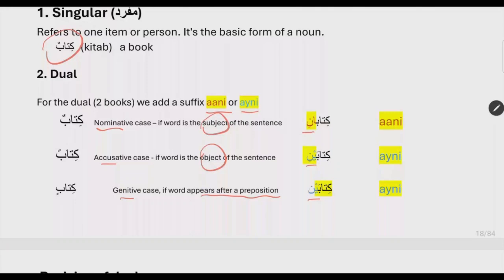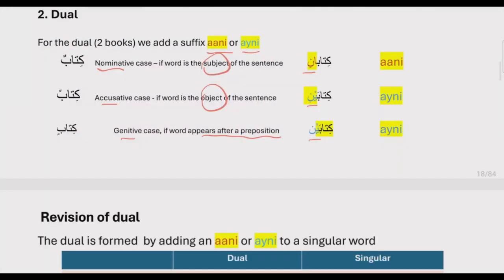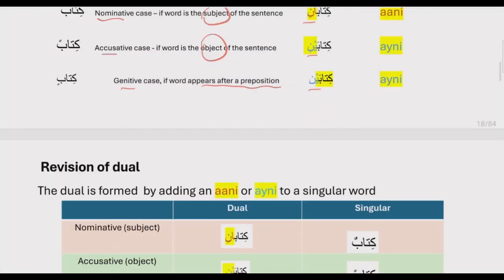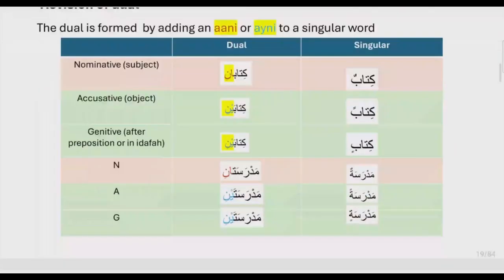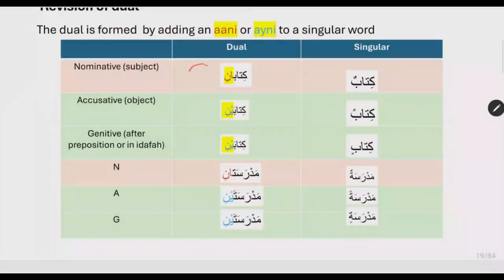All right, so that's the kitabani, kitabayni. That's one word. And I'm showing you another word here, and why I'm showing you this word is that some words end in ta marbuta, which is the feminine indicator, madrasatun. Now, when you want to change from this word to that word, notice what happens to the ta.